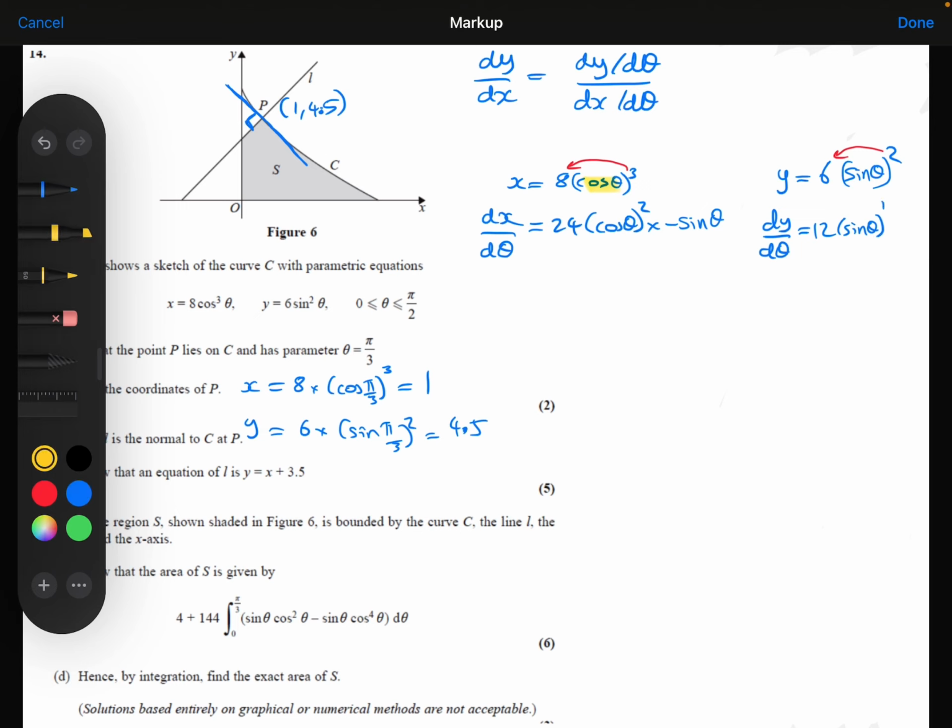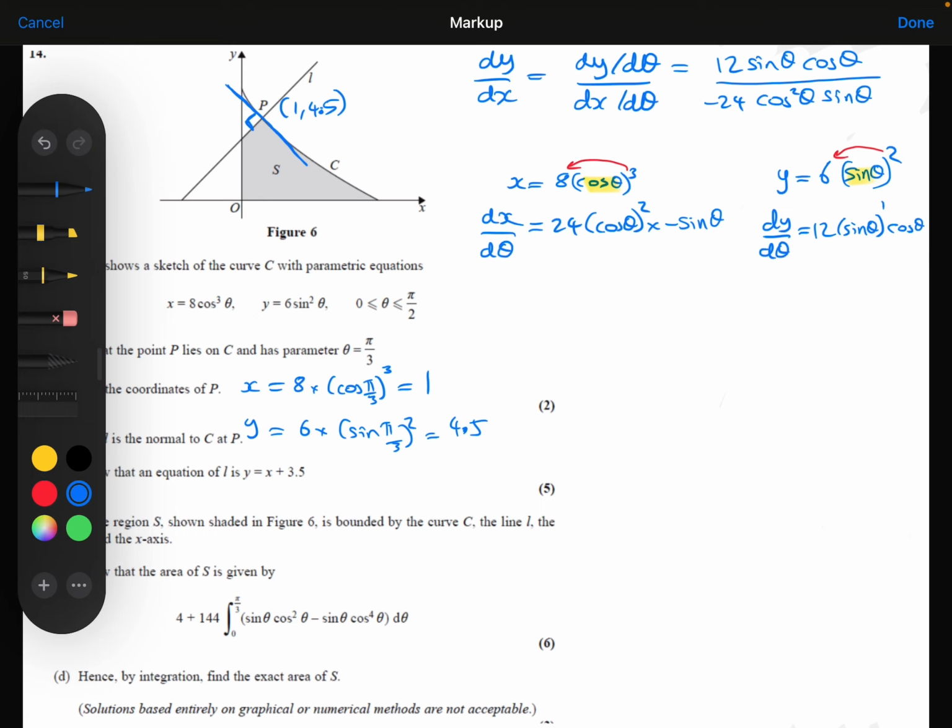And now differentiating the sine, I get cos. So my dy by d theta is 12 sine theta cos theta, and my dx by d theta is minus 24 cos squared theta sine theta.